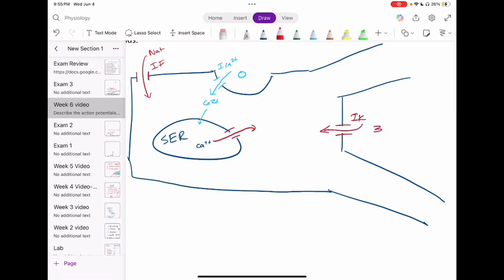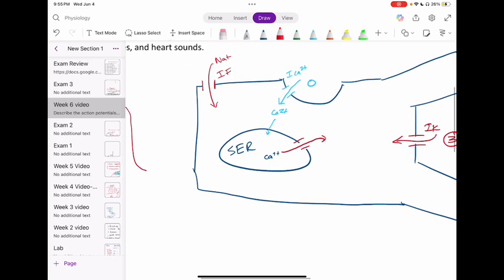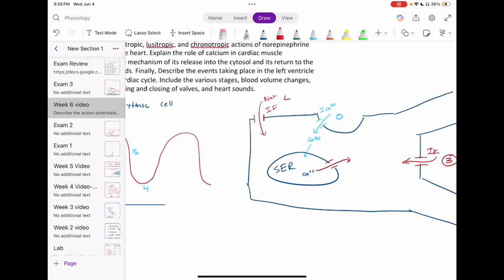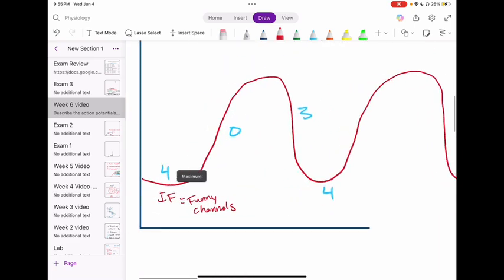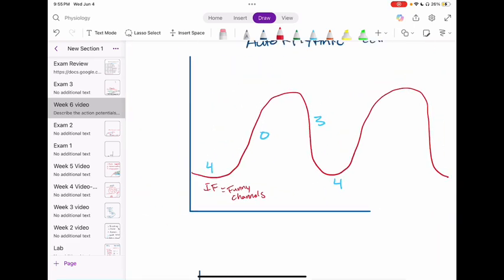This will be number 3. So we have 4, 0, and 3.